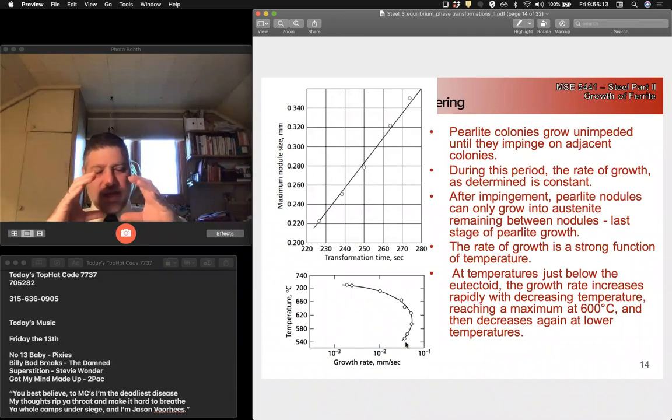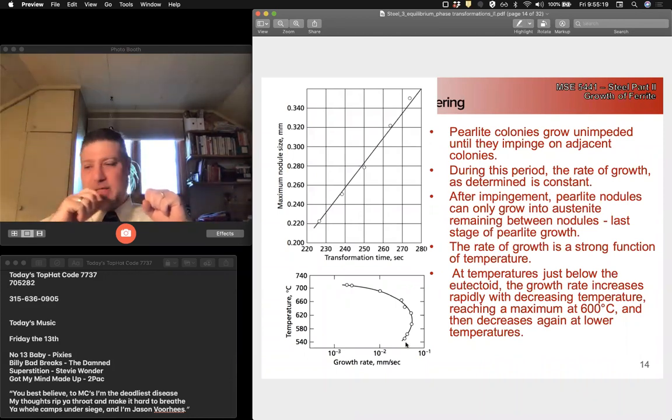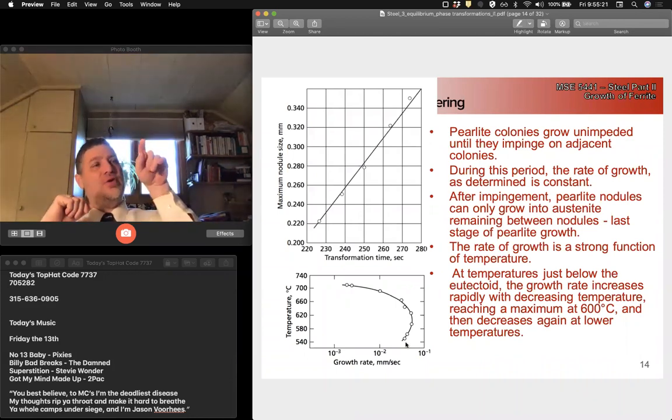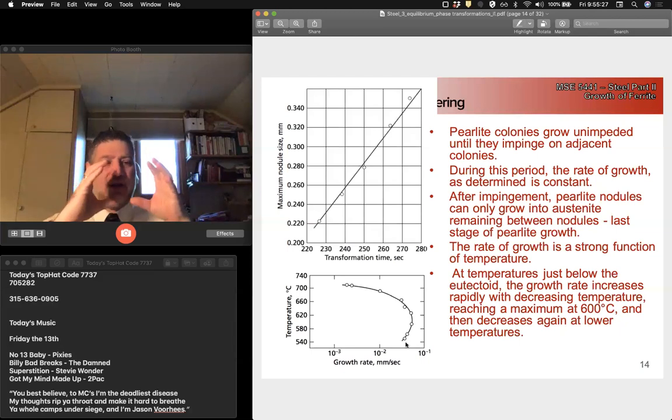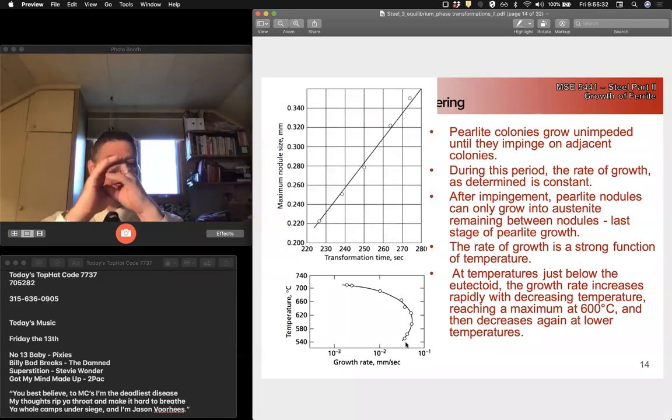I don't want to speak too quickly and say something confusing, right? So if nucleation is easier, right, and we nucleate a whole bunch of pearlite colonies heterogeneously on the grain boundary at roughly the same time, they're all going to grow until they impinge each other, and they're going to have a size that's smaller than the prior austenite grains.